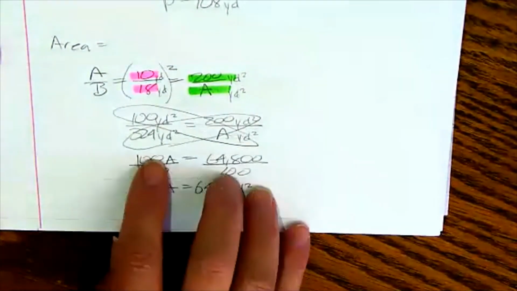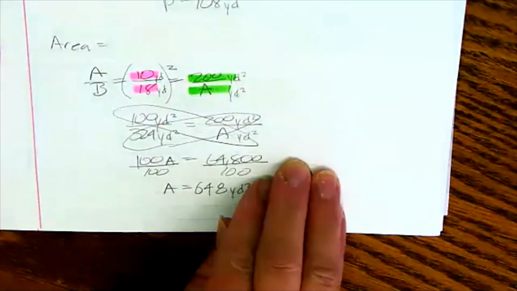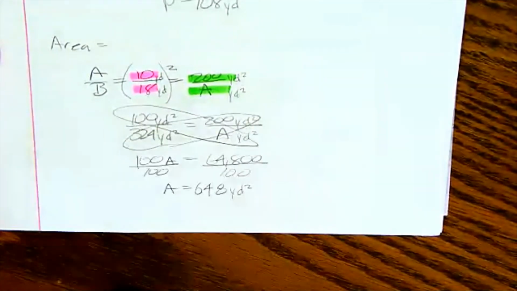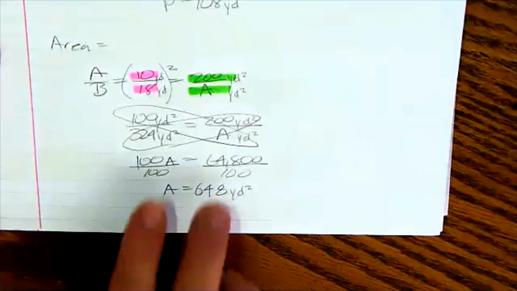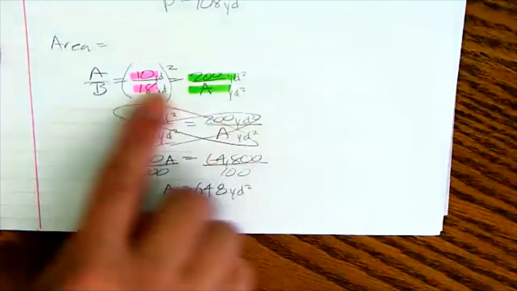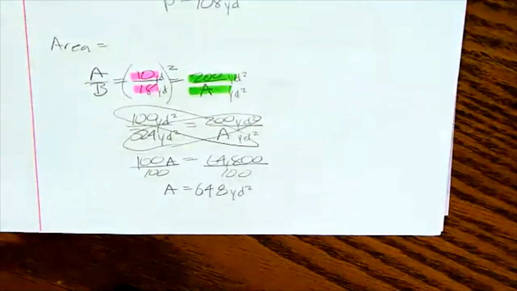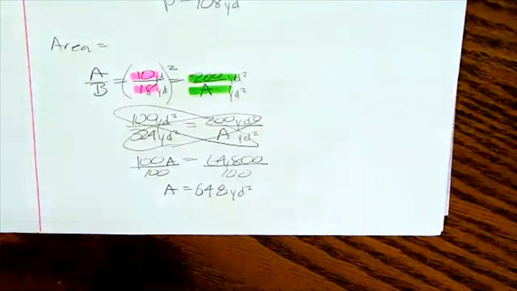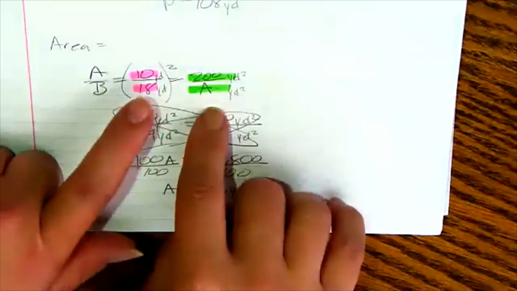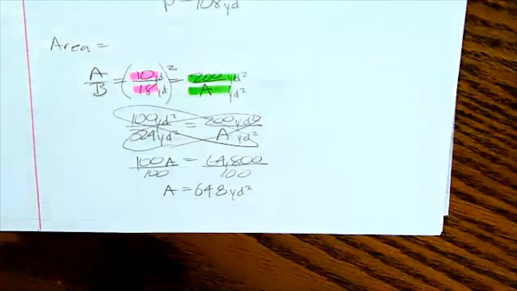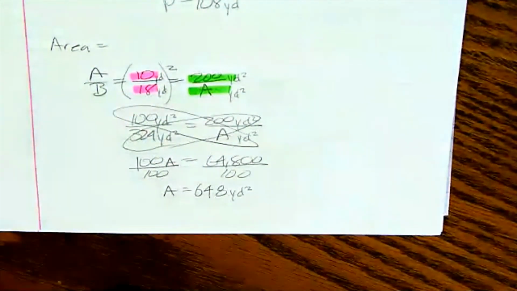Once we do that, we're now comparing apples to apples, squares to squares. Then we can use the proportion, cross-multiply to find the missing measurement. But we can only do that when we've made apples to apples, when we've equalized it, when they're both squared. So that's what we're doing today.